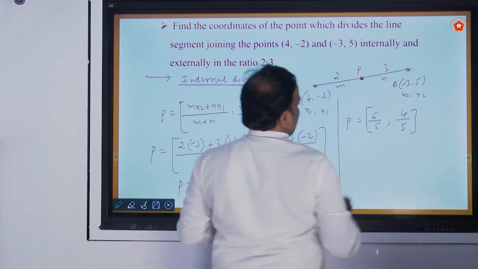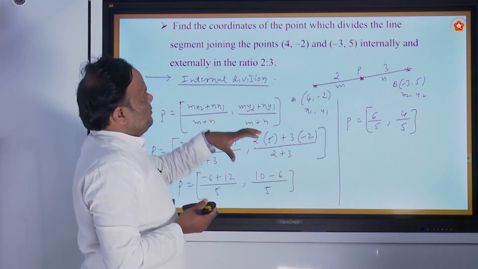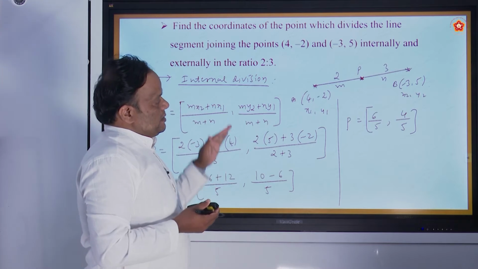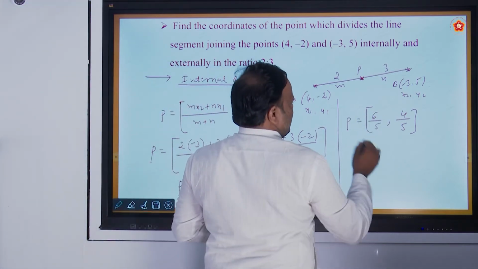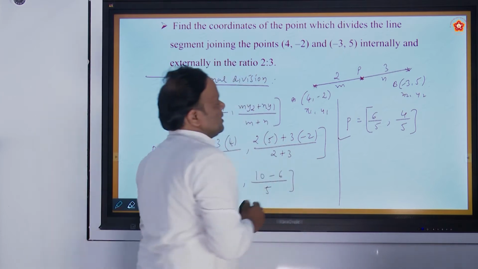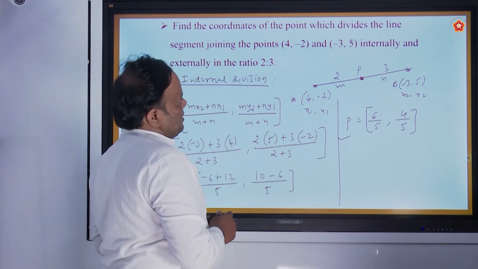So the dividing point for internal division is P (6/5, 4/5). This is the section point.